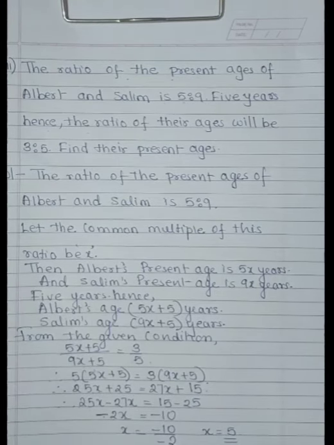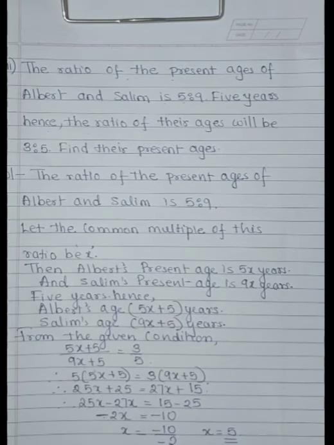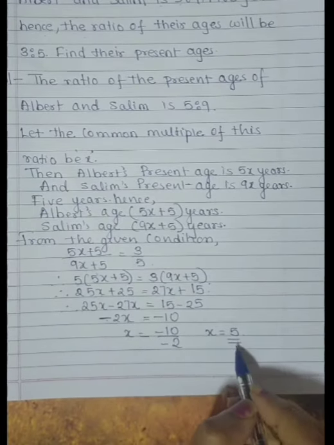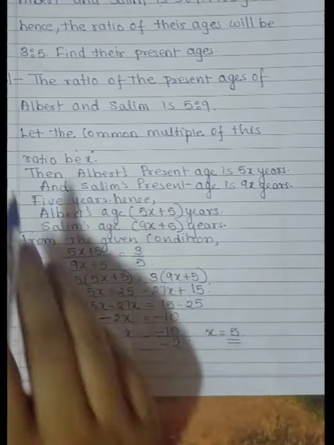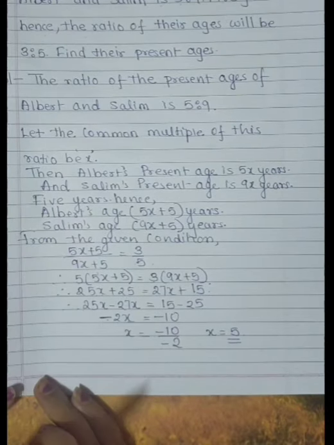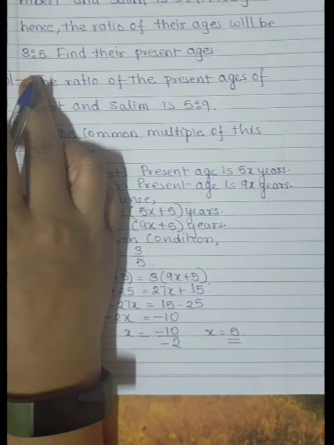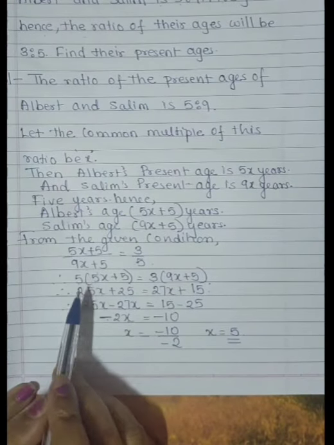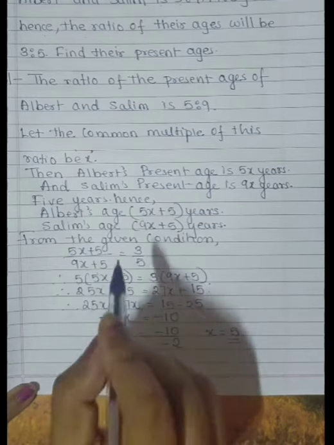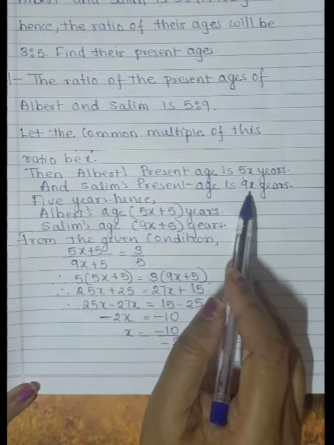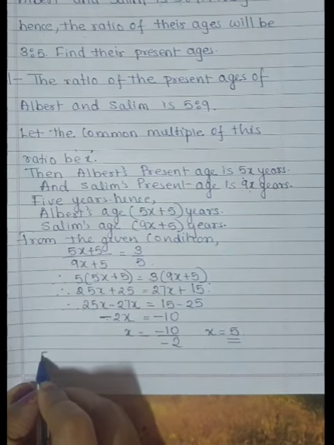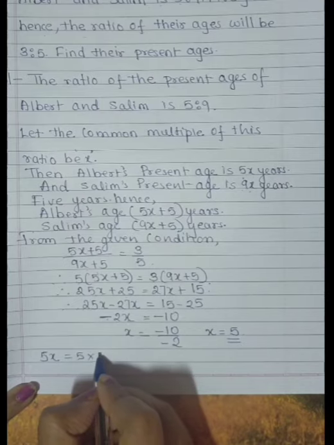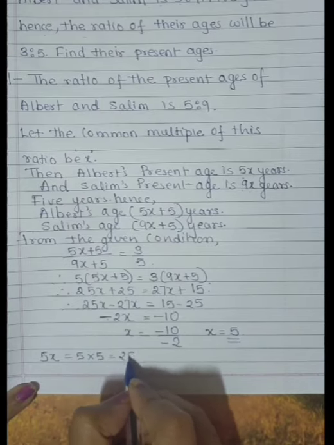Now we get x as 5. Now here we have to find their present age. So we'll find out what we got here. 5x and 9x we are having. So 5x equal to 5 into 5 will get 25.